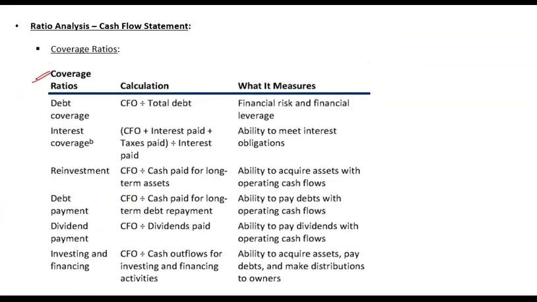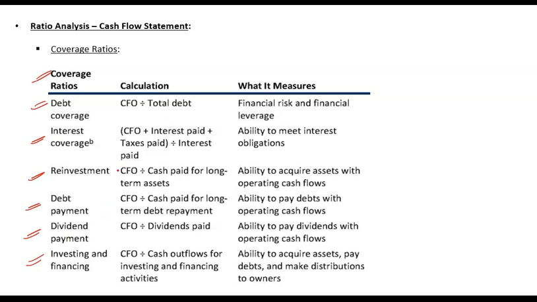The other category of ratios is coverage ratios, which help measure the financial risk or help analyze the company's ability to make investments or its ability to pay off its obligations. Key coverage ratios include debt coverage, interest coverage, reinvestment, debt payment, dividend payment, investment, and financing.